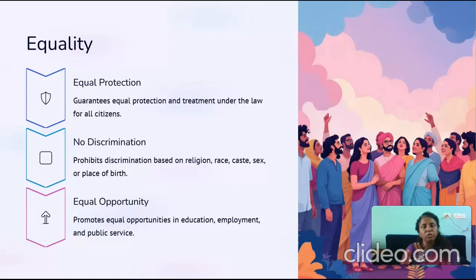Equal protection should be given, whether they are rich or poor, high or low. Our constitution guarantees equal protection and equal treatment under law for all citizens. There is no discrimination based on caste, race, sex, place of birth, or being rich or poor. Opportunity should be given equally in the aspects of education, employment and public service.